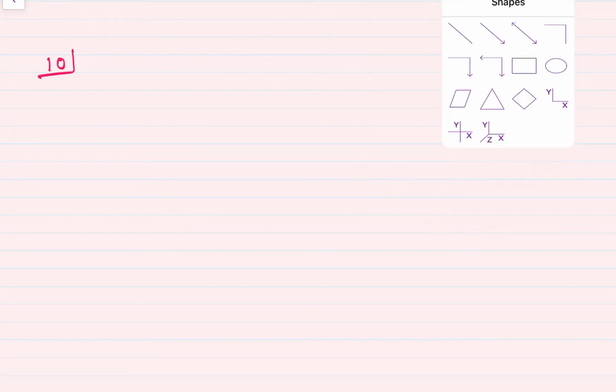If you see the figure according to the mathematical concept, then we get a figure something like this.